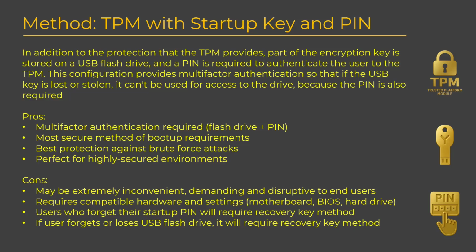This configuration provides multi-factor authentication so that if the USB key is lost or stolen, it can't be used solely for access to the drive because the PIN is also required.